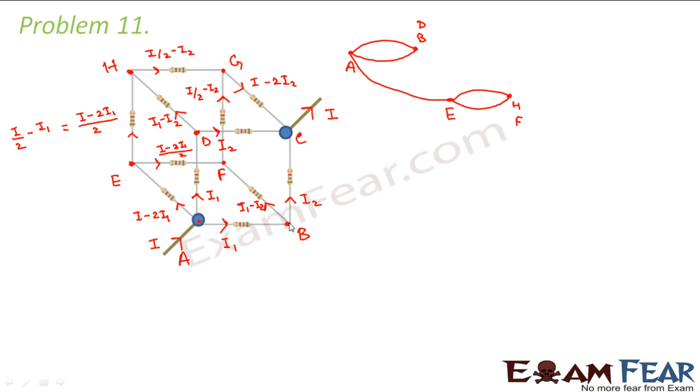If you look at point B, some amount of current is going to point F, and similarly from point D, some amount of current is going to point H. So from B to F, and from D to H, some amount of current is flowing, right?